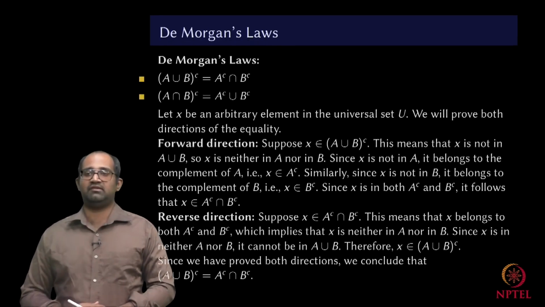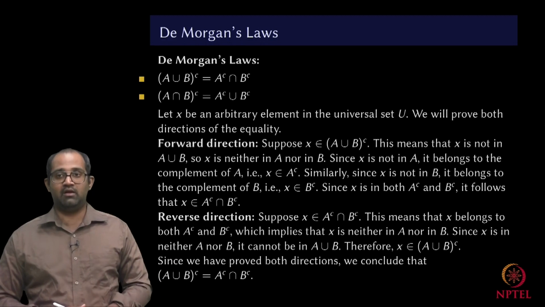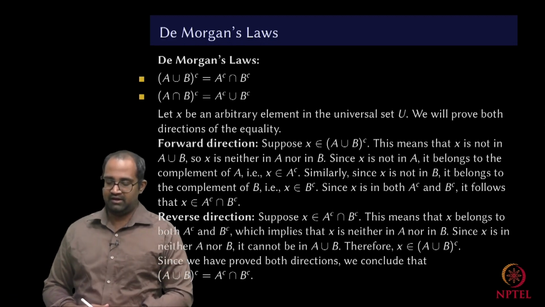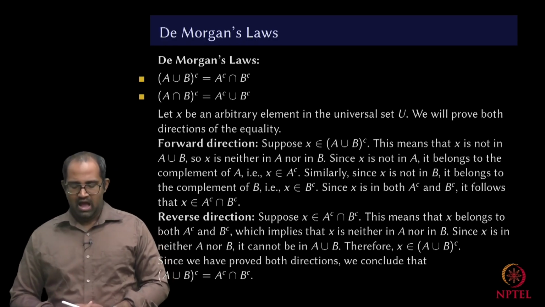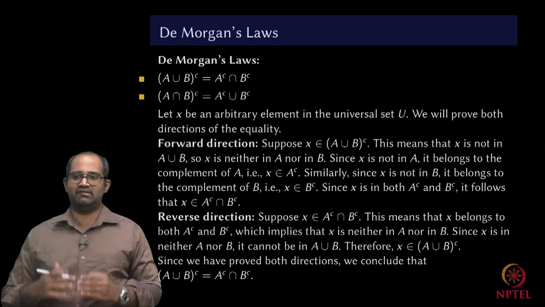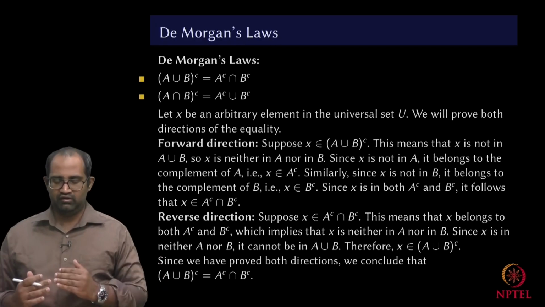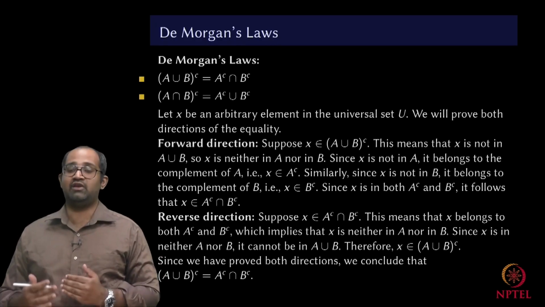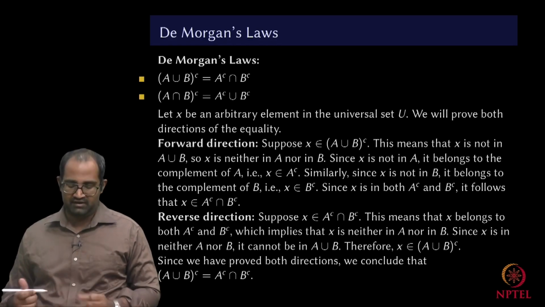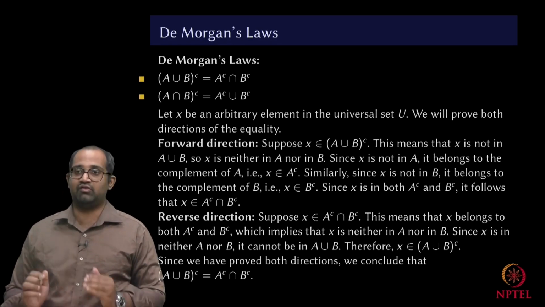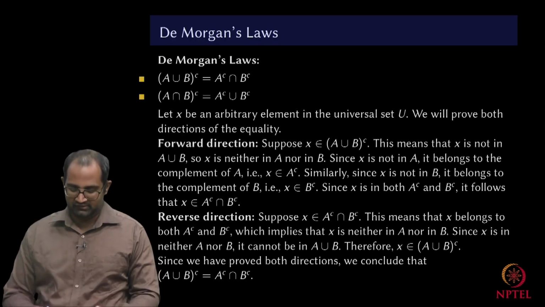Now, we come to somewhat non-trivial set theoretic identities. These are the famous De Morgan's laws. I am going to state and prove only the simplest case of De Morgan's laws. There are cases where you have arbitrary union, arbitrary intersection, but they are just trivial variants. I am just going to focus on the simple case where you have just two sets.